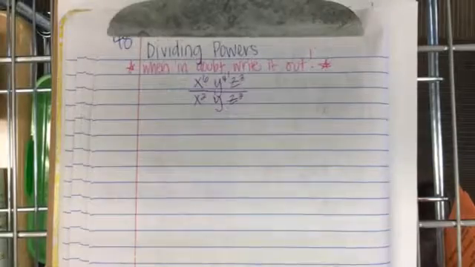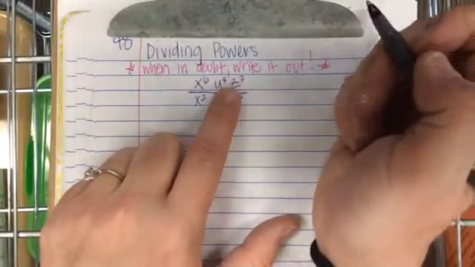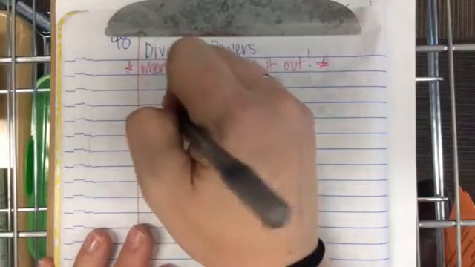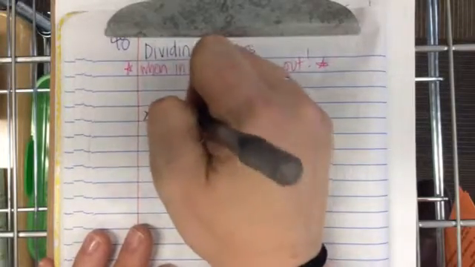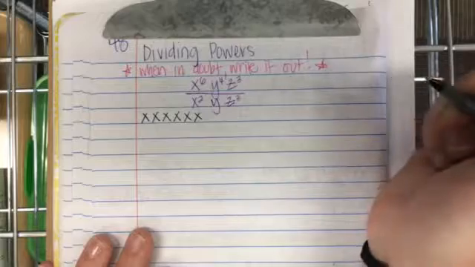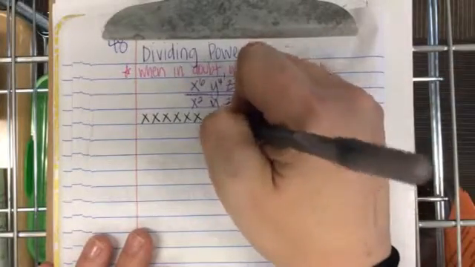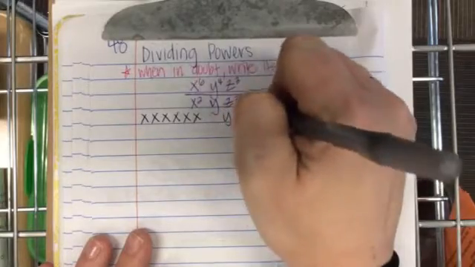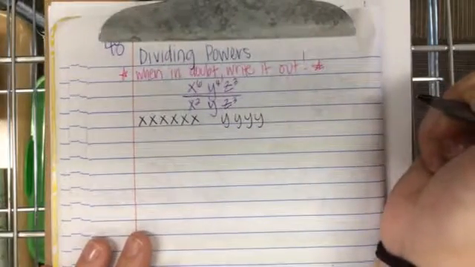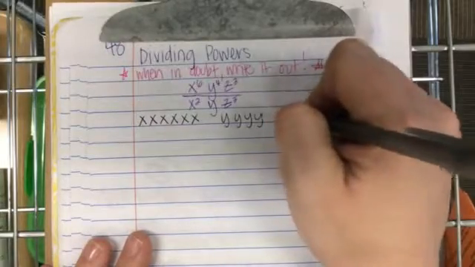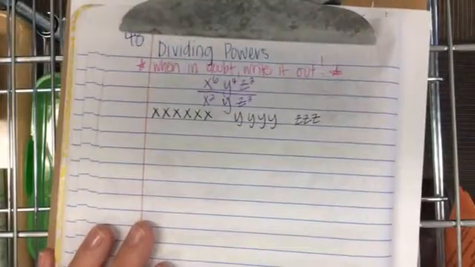Write it out. So, instead of x to the 6th, 1, 2, 3, 4, 5, 6. And instead of y to the 4th, 1, 2, 3, 4. And instead of z to the 3rd, 1, 2, 3, right?